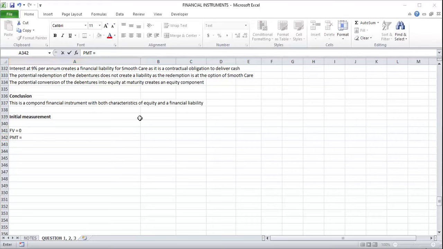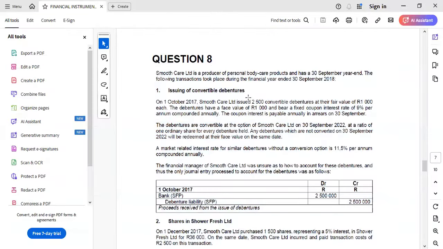Right. Then our PMT, we know that these are 2.5 million debentures, and they have a face value of 1,000. We use the face value, then interest is 9%. So it's 2.5 million times 1,000 times 9%.